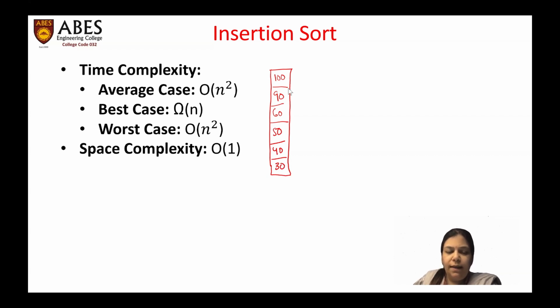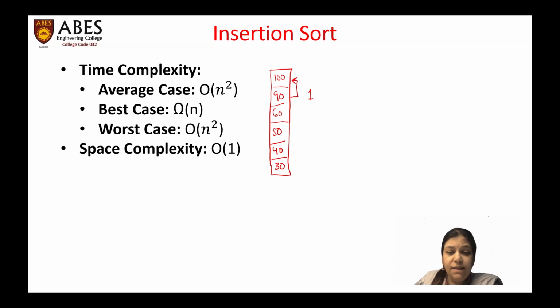So you can see that in order to store the first key element at its appropriate position, we have to compare this 90 with one element, that is 100. So in the first iteration, the number of comparisons will be 1.